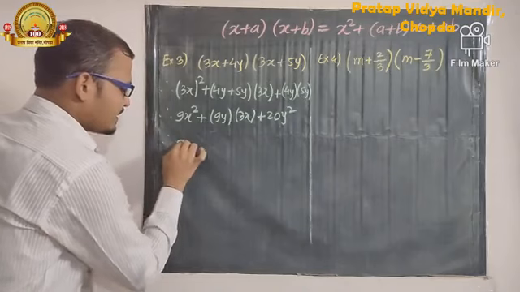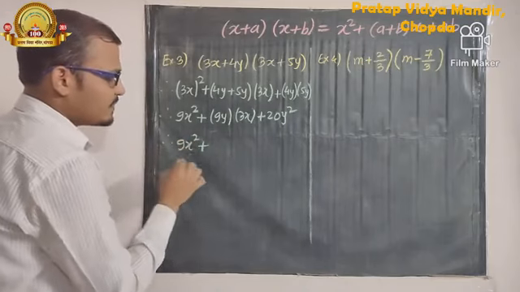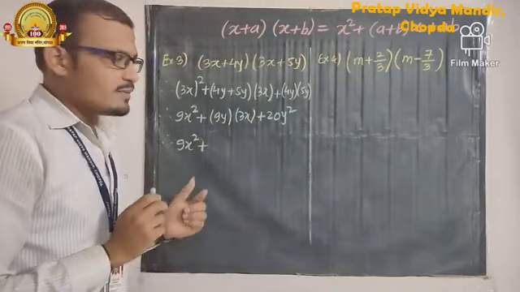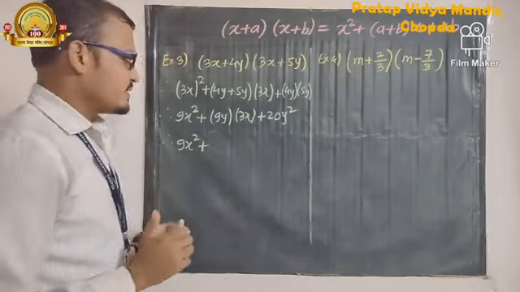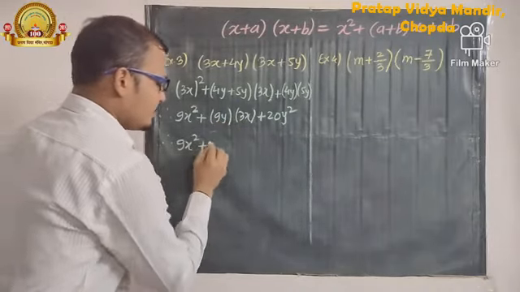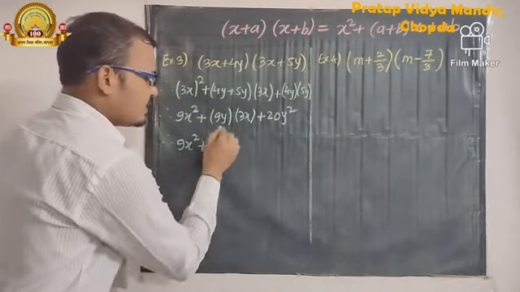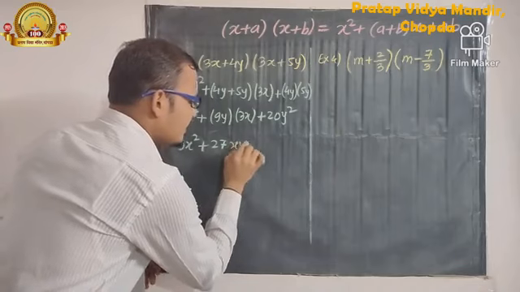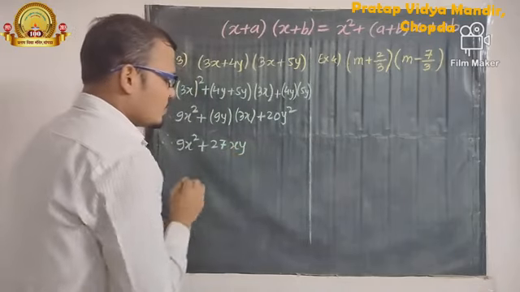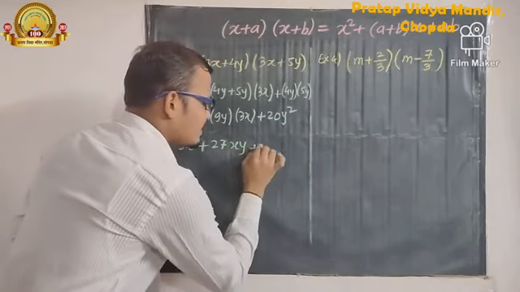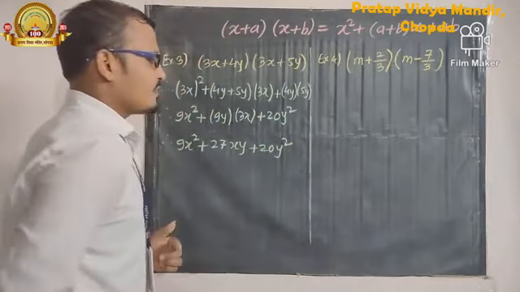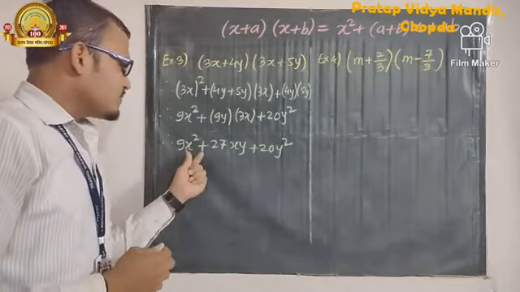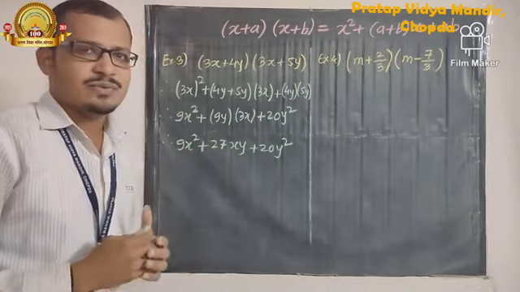Therefore, we get 9x square as it is, plus, now we have to multiply this middle term, that is 9y into 3x. So 9 into 3, 27, y into x, yx, or we can also write it as xy. So 27xy plus 20y square, and hence our expansion of this example is 9x square plus 27xy plus 20y square.